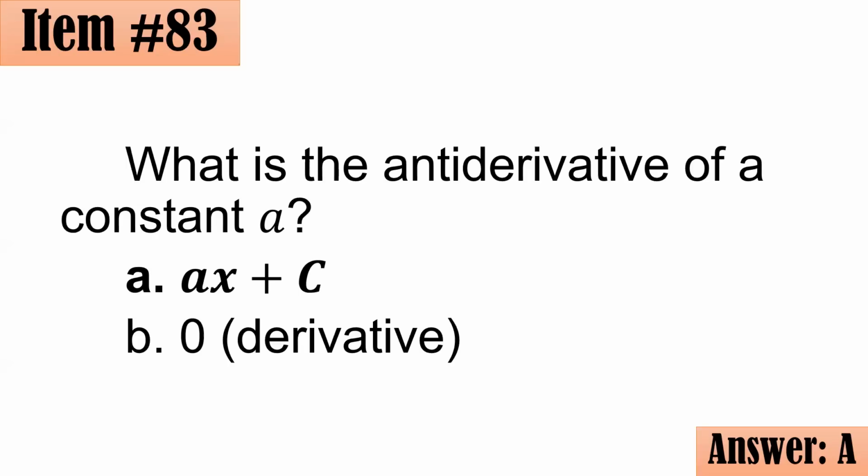We don't know what that constant is, but if you take the derivative of a constant, it becomes zero anyway. So when you take the derivative of AX plus C, you go back to A. Letter B, zero, is actually the derivative of any non-zero constant.